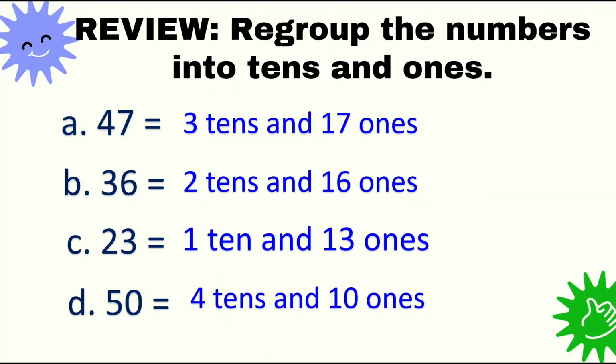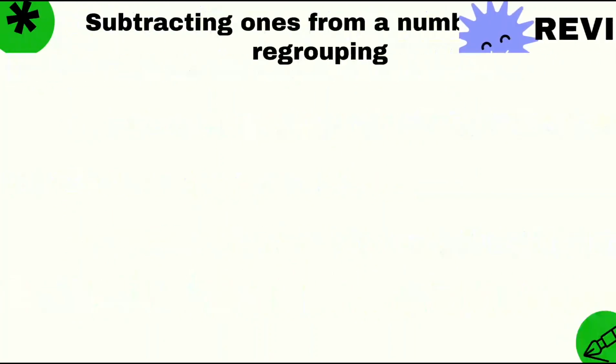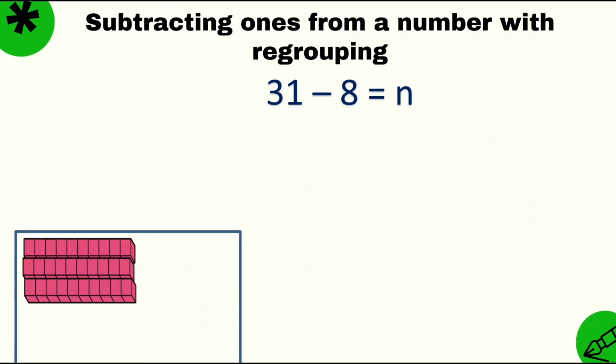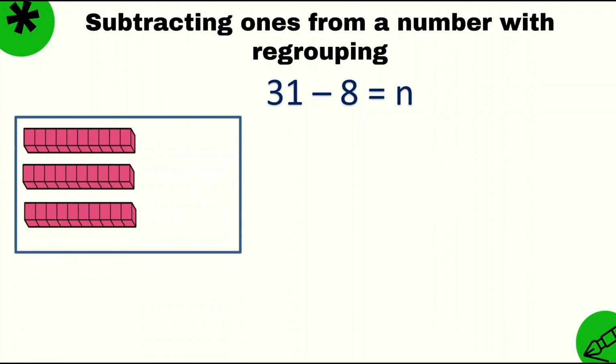Now let's move on to our real topic for today, which is to subtract numbers with regrouping. Let's say this is our equation, our subtraction sentence: 31 minus 8 equals n. Let's represent 31. We have 3 tens and 1 one using the base 10 blocks.